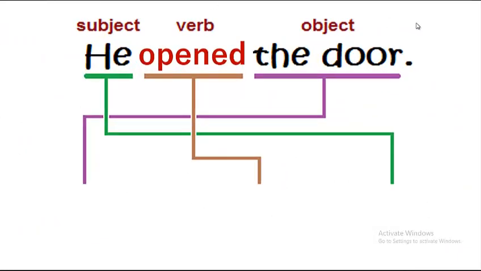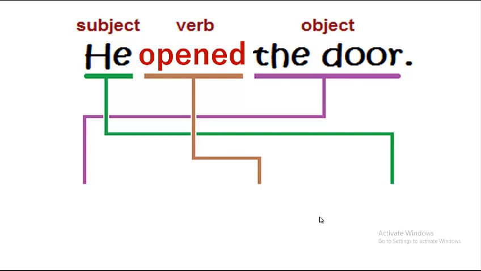Don't forget, my dear students, sentences in active start with the subject followed by the verb, then the object. When we change it into passive, we start with the object at the beginning of the sentence, followed by verb to be according to the tense of the sentence, is or are in the present, was or were in the past, then followed by the past participle.